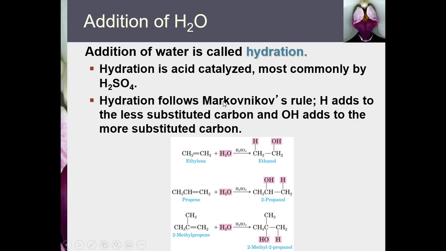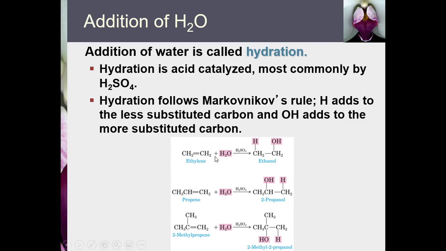So the H adds or attaches to the less substituted carbon, and the OH adds to the more substituted carbon. In other words, yung H, ma-attach siya dun sa carbon na mas madami yung hydrogens, and then yung OH will be attached dun sa carbon kung saan mas kaunti yung hydrogens.